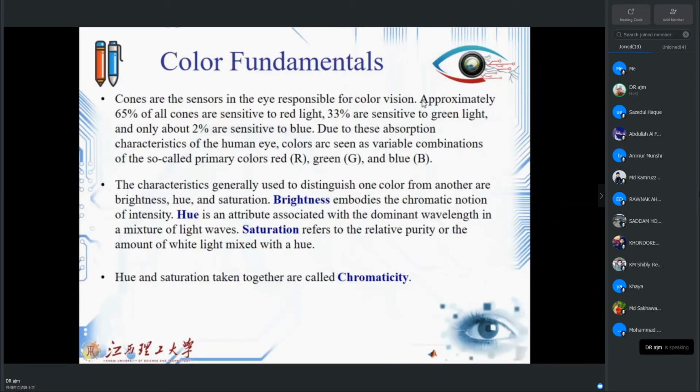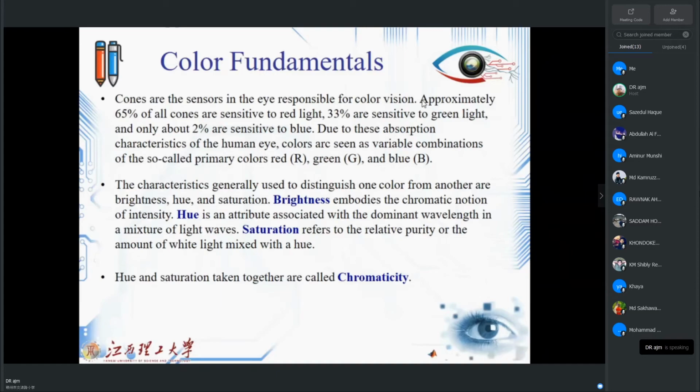You know that all the colors in the world are mixtures of these three colors. Maybe in kindergarten they taught you how to mix these three colors, for example green and red, green and blue, red and blue.